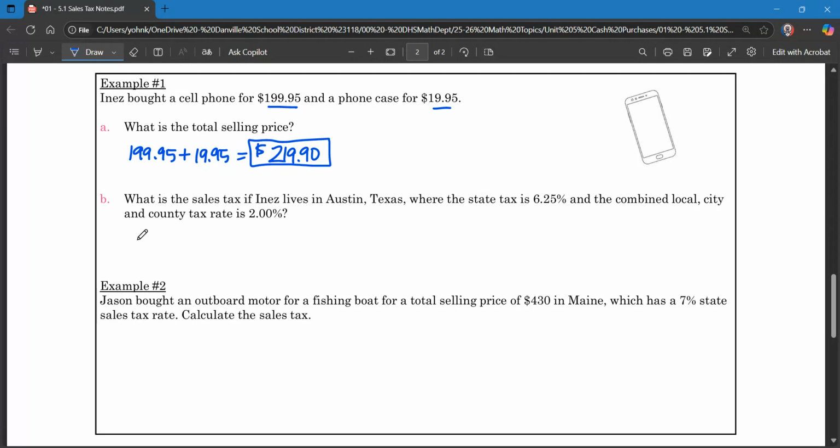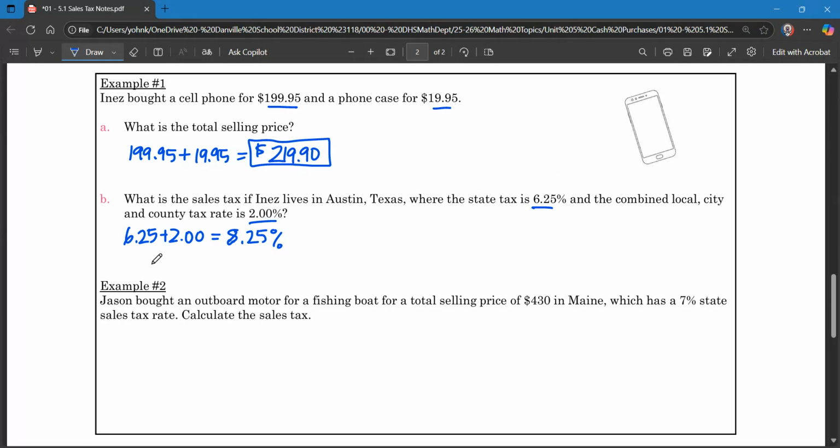Part B, what is the sales tax if Inez lives in Austin, Texas, where the state tax rate is 6.25% and the combined local, city, and county tax rate is 2%? So first I need to add the percents together, 6.25 and 2%. If I add those together, I get a total tax of 8.25%. So you might have to add up different percentages. You definitely could do the problem differently, and multiply by 6.25% and then multiply by 2% and then add them.